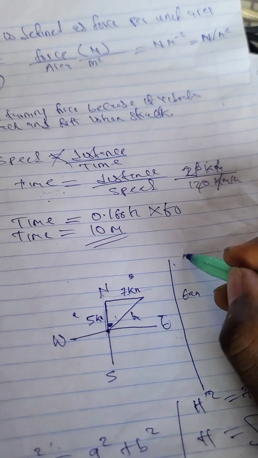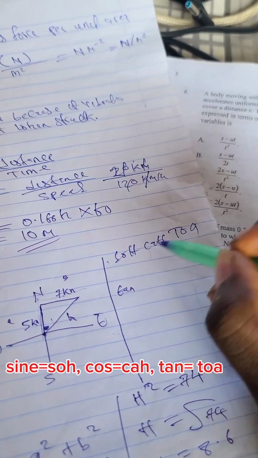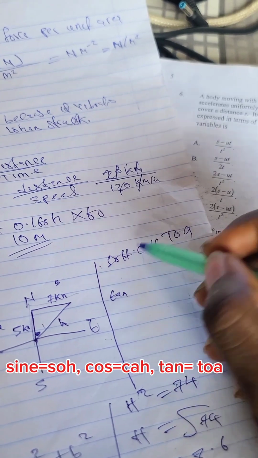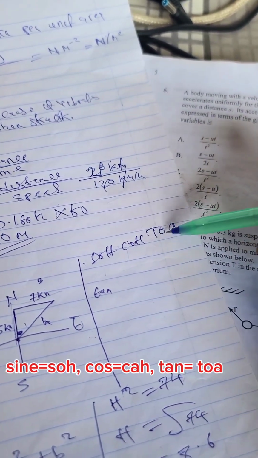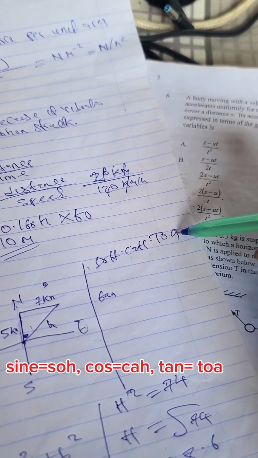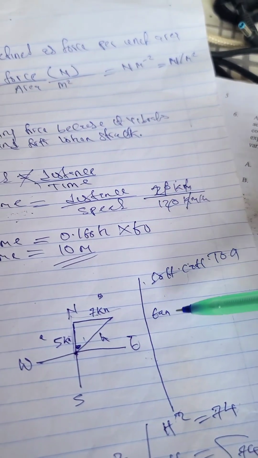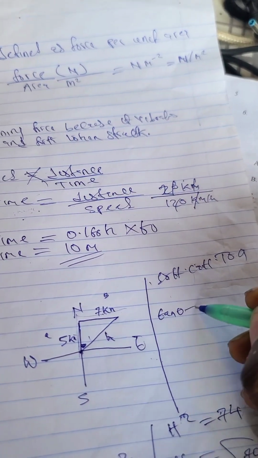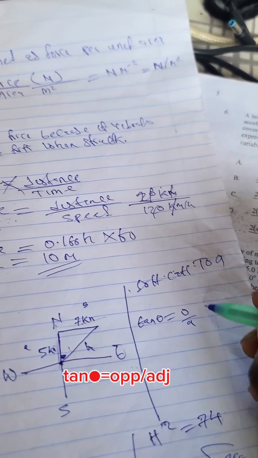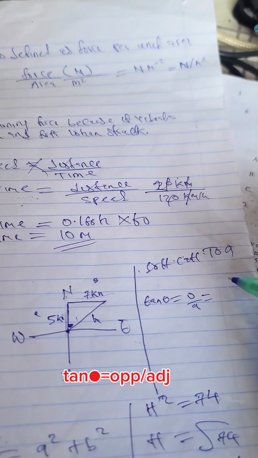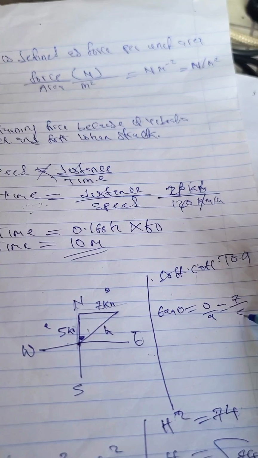Remember the SOH CAH TOA: sine is opposite over hypotenuse, cos is adjacent over hypotenuse, and tan is opposite over adjacent. So since this is opposite over adjacent, we are using the tan, so tan theta equals opposite over adjacent. Our opposite here is 7 km, so 7 over adjacent, which is 5.